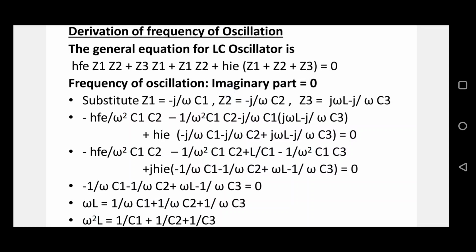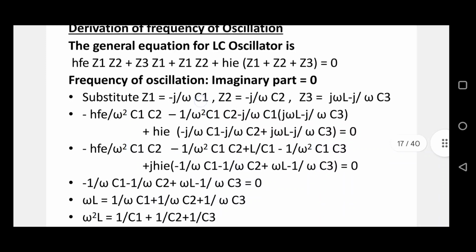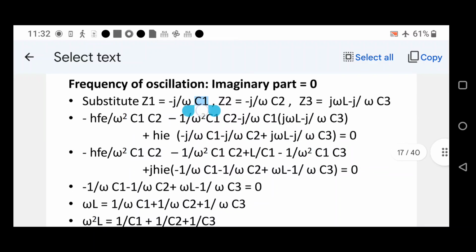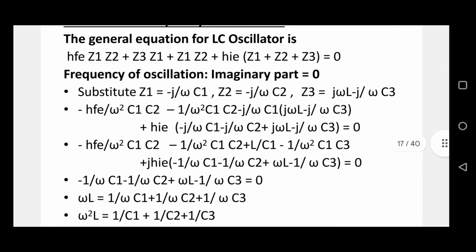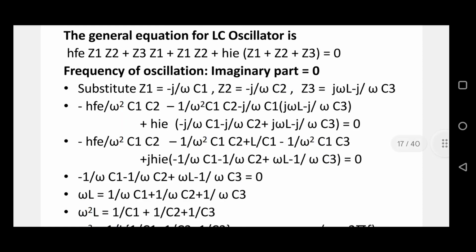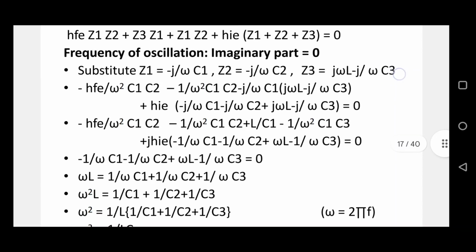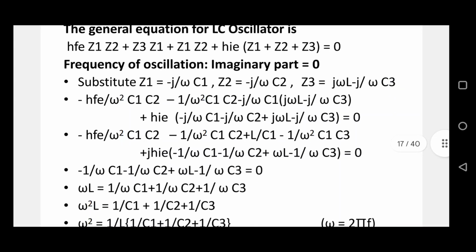The value of Z1 equals 1 by j omega C1, which can be rewritten as minus j by omega C1, because we should always keep the imaginary unit in the numerator. So Z1 equals minus j by omega C1, Z2 equals minus j by omega C2, and Z3 equals j omega L minus j by omega C3. Now we can substitute these three values in the above equation.